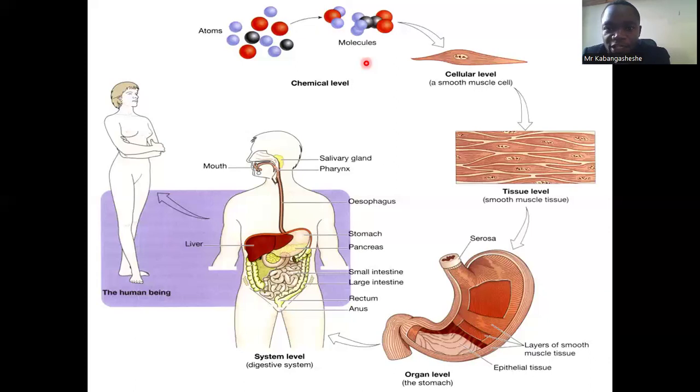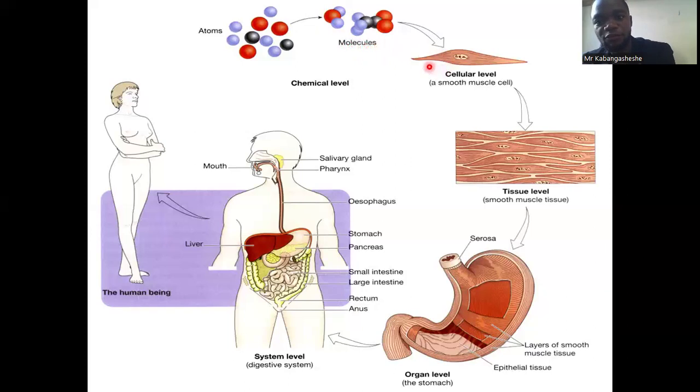For example, a chain of amino acids will give us protein. A chain of monosaccharides will give us carbohydrates. Then a chain of fatty acids will give us lipids. So at this level, there are macromolecules as well as micromolecules. So you should know what makes up protein, which are amino acids, what makes up fat, fatty acids, carbohydrates, monosaccharides.